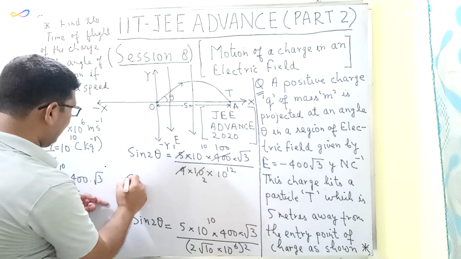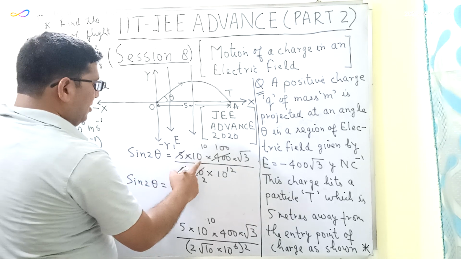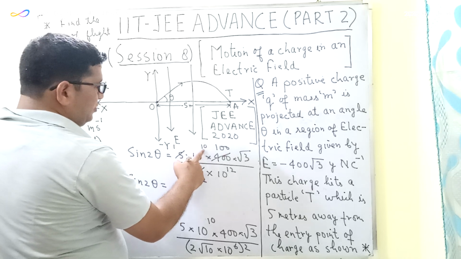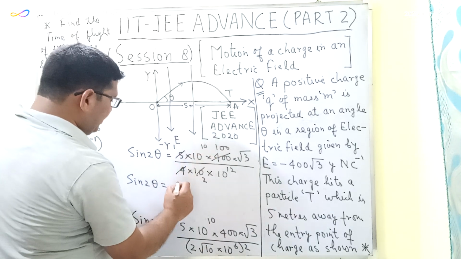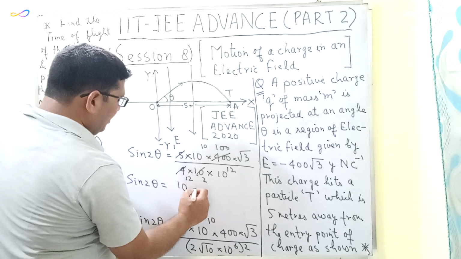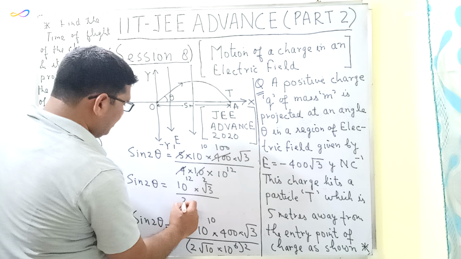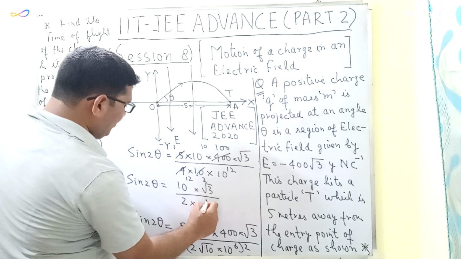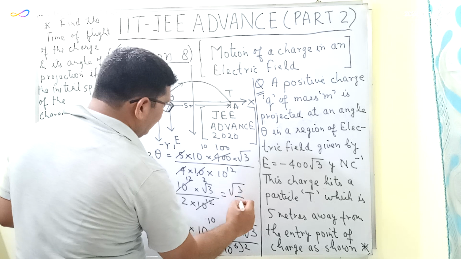Sine 2 theta will now be equal to 10 to the power 10 into 100, which is 10 to the power 12, so 10 to the power 12 into root 3 divided by 2 into 10 to the power 12. This 10 to the power 12 will get cancelled out, and finally I am getting root 3 by 2.